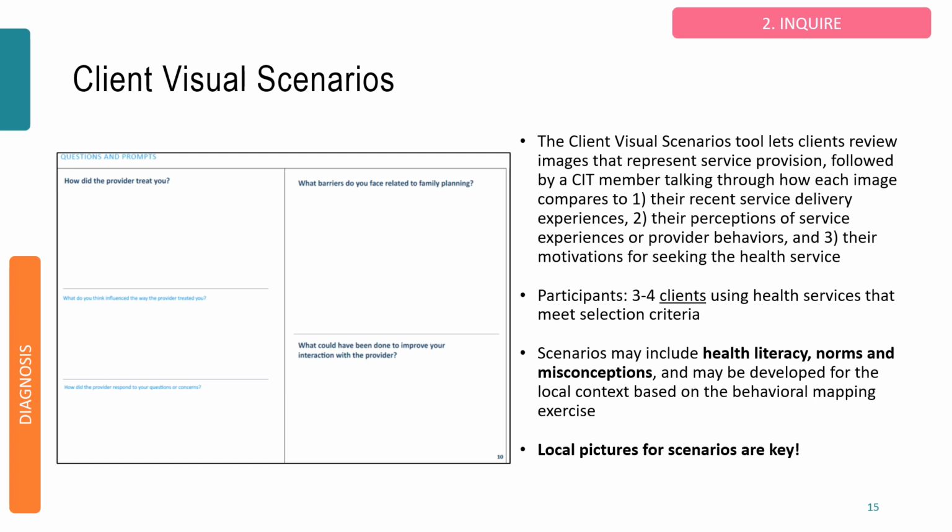Again, it's up to you. You can have 3 to 4 clients that meet certain selection criteria, and that will be based on the technical area that you're working on. The scenarios in the toolkit do include health literacy, norms, and misconceptions. And there's a blank one so that you can fill out another scenario that you would possibly want.